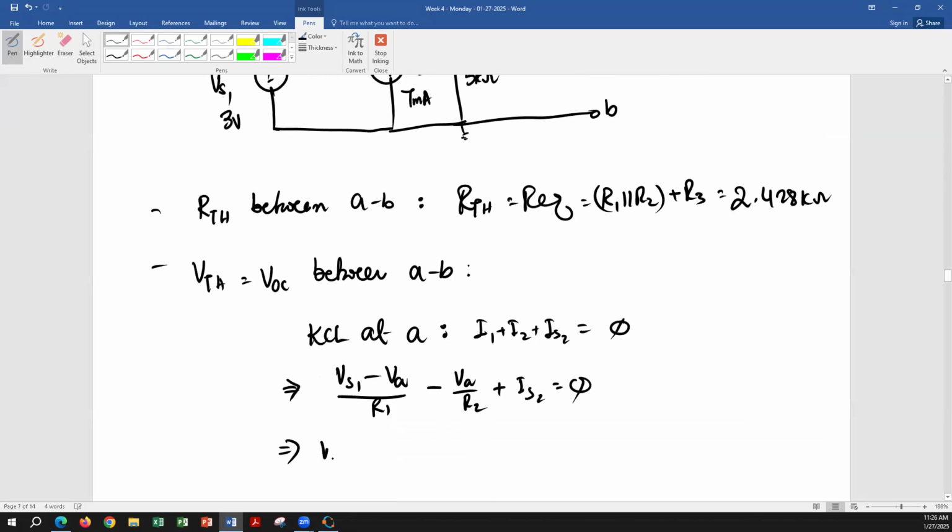So VA will be equal to, take VA on the other side. The denominator is going to be 1 over R1 plus 1 over R2. And then you're going to have VS1 over R1 plus IS2.